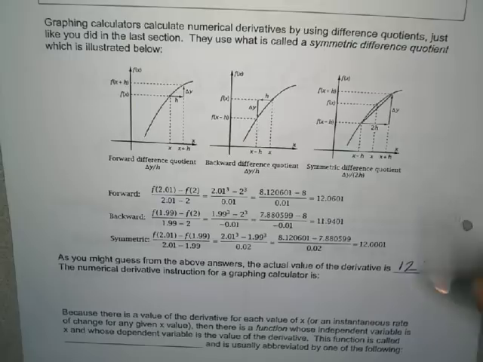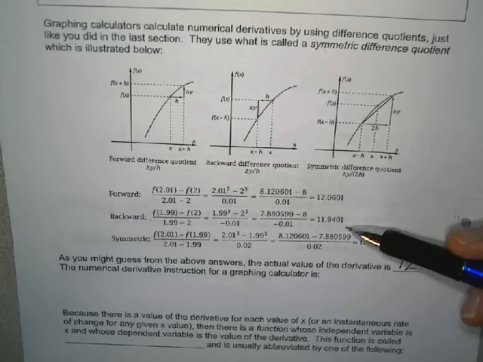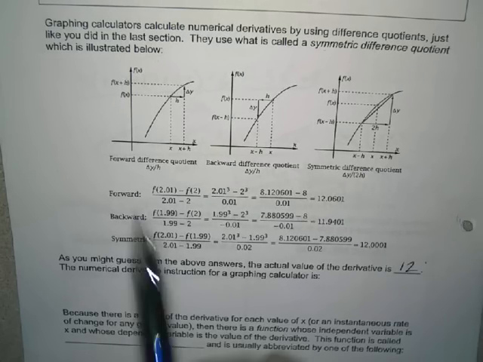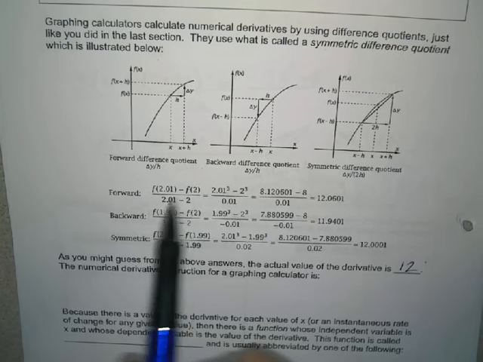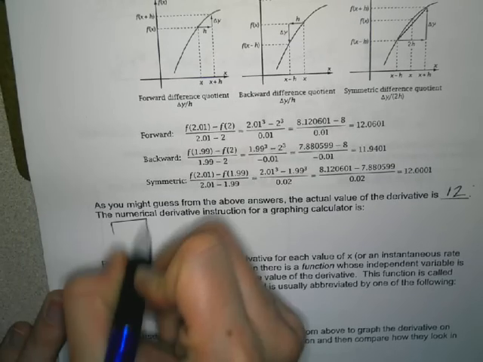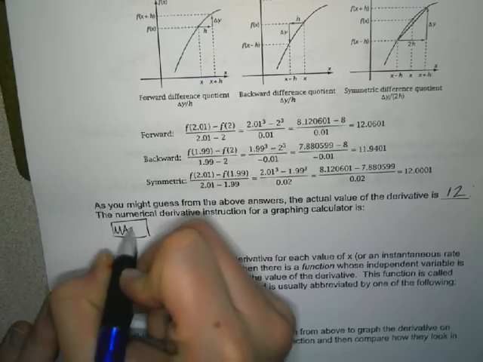That doesn't mean that this is the instantaneous rate of change necessarily, but it's a good estimation because the calculator does these quotients for you. So they're not instantaneous because you're still having to find the difference between 2 different x values, but it's pretty close.